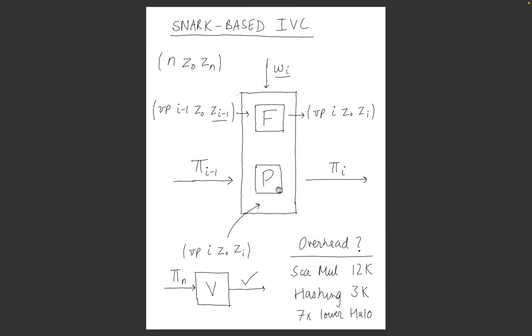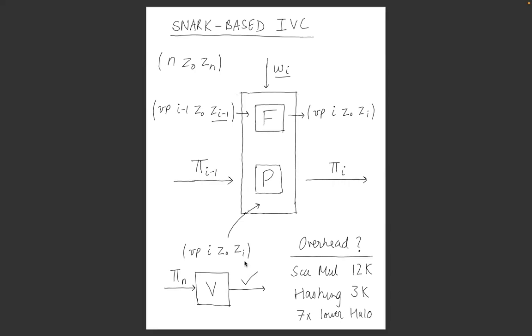And so now this SNARK consists of this prover and this function f, and we can also put the verifying circuit inside this IVC framework, but this will incur some additional computation cost or overhead, because we have to verify the circuit.